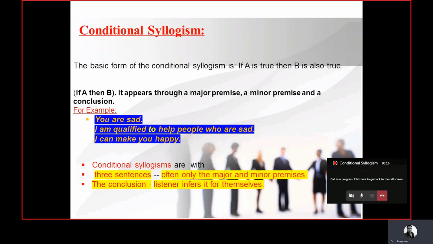You are sad is a major premise. I am qualified to help people who are sad is a minor premise. Out of these premises, we arrive at a conclusion that I can make you happy. Usually conditional syllogisms are with three sentences, but often only the major and the minor premises are stated. The conclusion, the listeners infer for themselves.